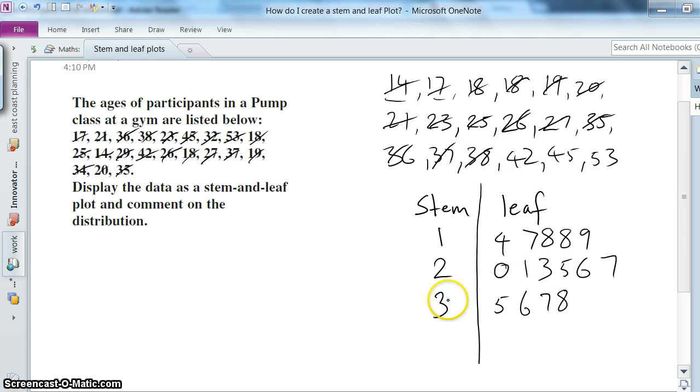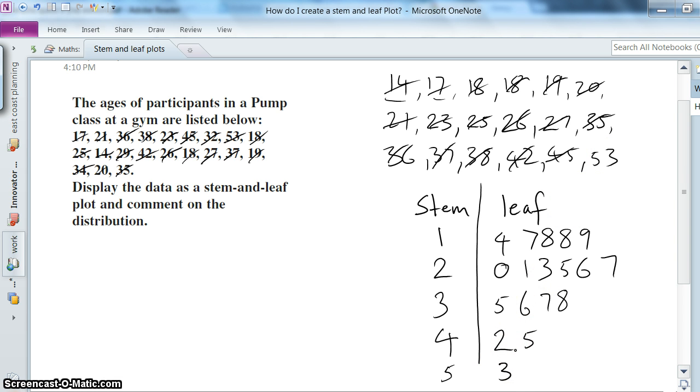And now I'm on to my 40s, so I put the stem down here, put the 2 for 42, the 5 for 45, and the 3, oops, it's a mistake, got 53 there, just rub that out, so I've got a 5 down here for my stem, and then a 3 for my leaf.